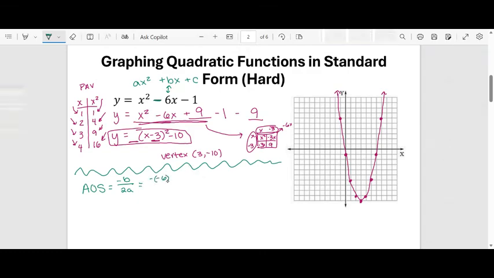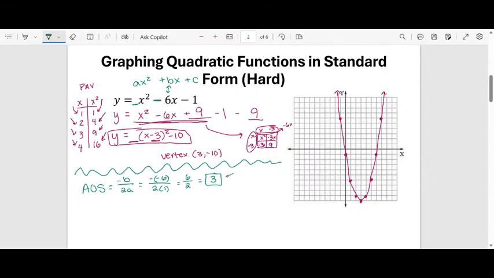That will become a positive 6 over 2a. And if I have nothing listed here, my a value is 1. So I'll have 2 times 1. So negative 6 is going to give me positive 6. 2 times 1 gives me 2. And 6 divided by 2 is 3. You can see that matched the vertex that I found when I completed the square.